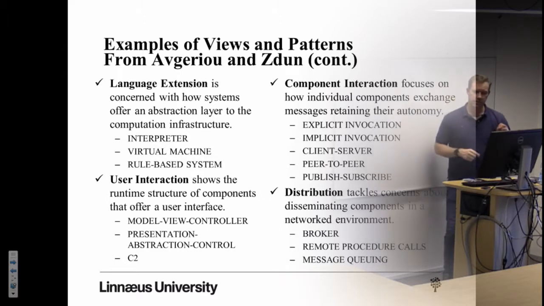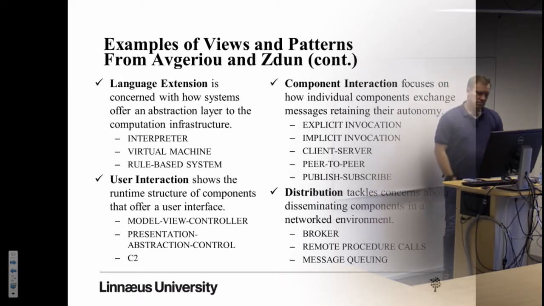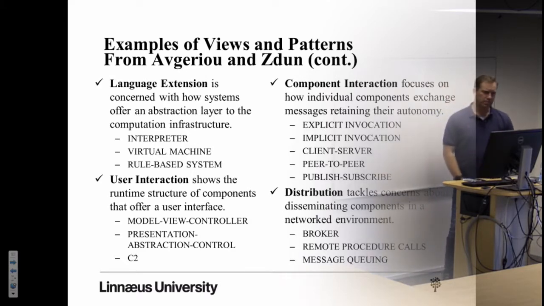And then, of course, there are the interactions here. That is more when you have a decentralized system. And that's really popular these days. Someone would say, but client-server is also about distribution. No, not necessarily. It only says that you take the functionality and decompose it into a client and a server.